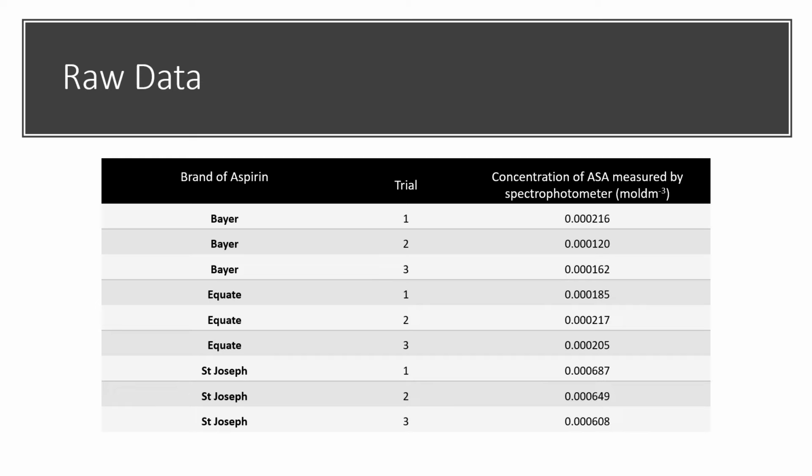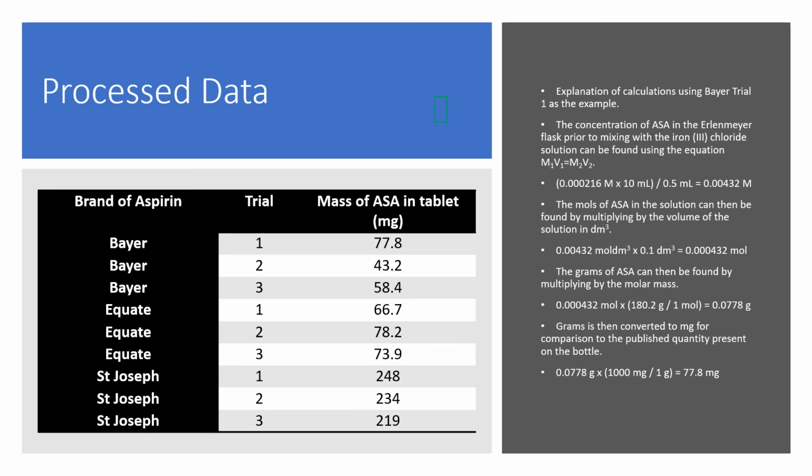The raw data can be hard to decipher because the numbers are very small. However, it is easy to immediately see that the St. Joseph is significantly higher than the other values. The data is much easier to decipher once it has been processed.